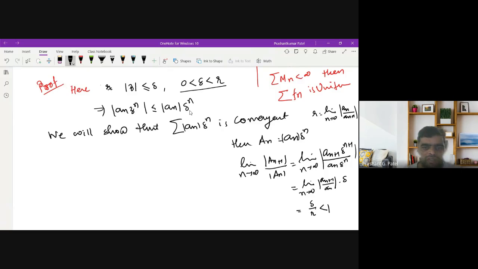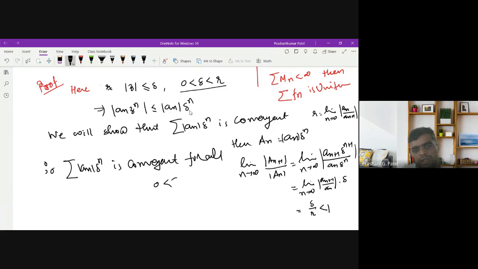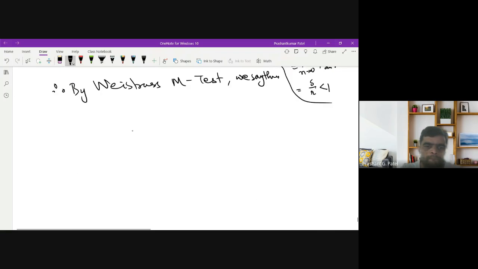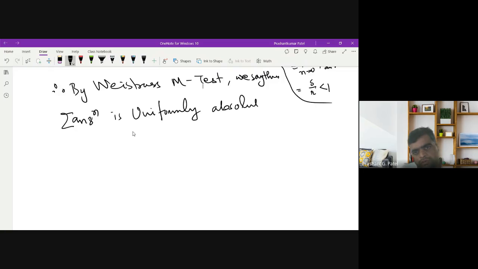So what we can say, therefore, is that the summation of mod a_n delta raised to n is convergent for all delta which is less than R. So therefore, by the Weierstrass M-test, we say that the series summation a_n z raised to n is uniformly absolutely convergent.